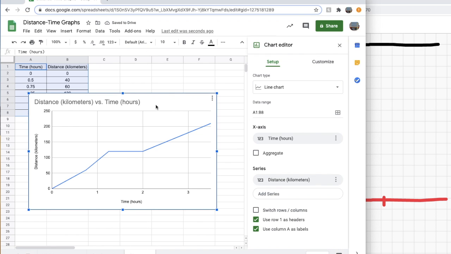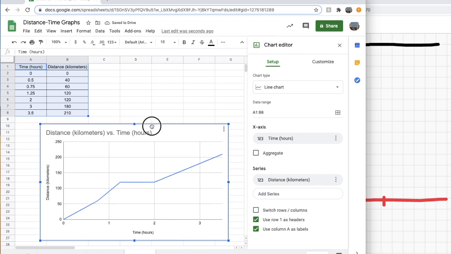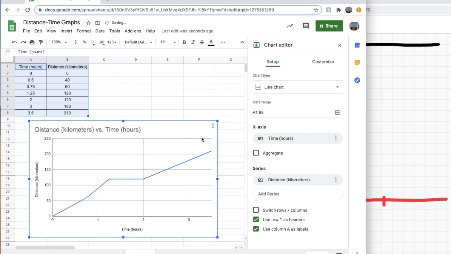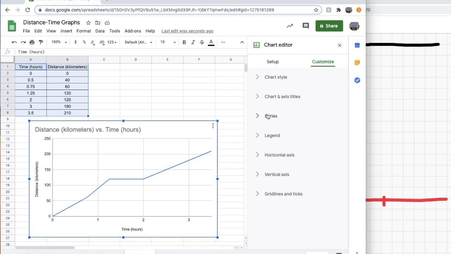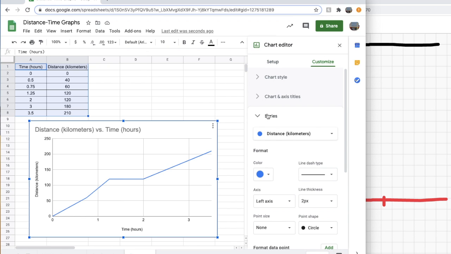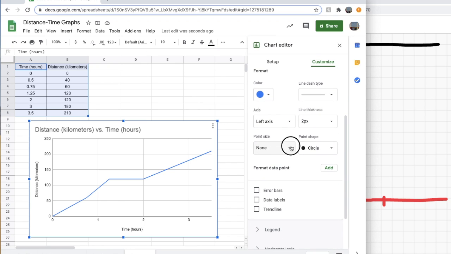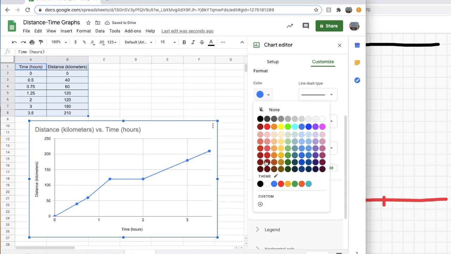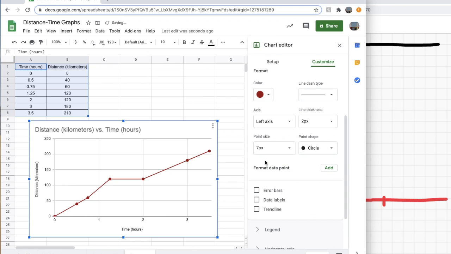I know you know this because I make you tell me things over and over. But looking at our graph, the time that they were sitting in the car, and again, I'm going to go to series. We'll change this color to red so you can tell I'm looking at a different one.